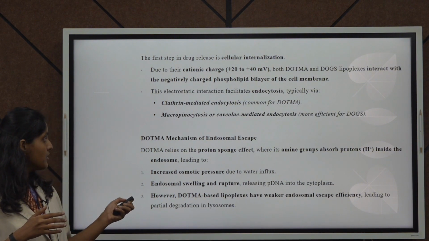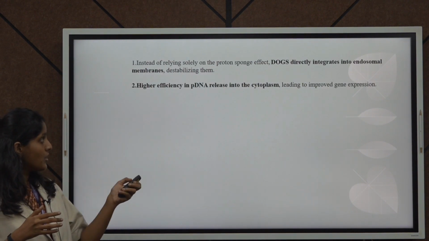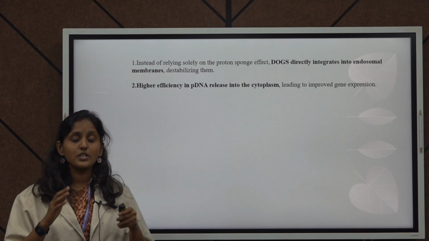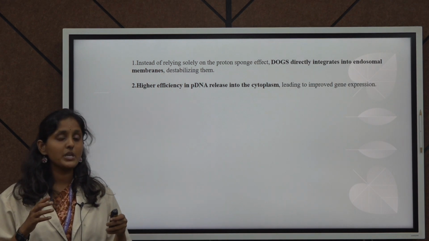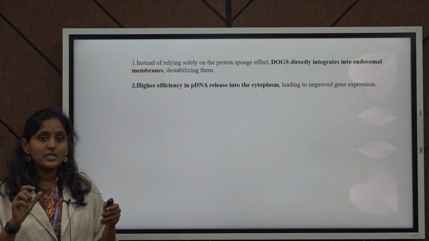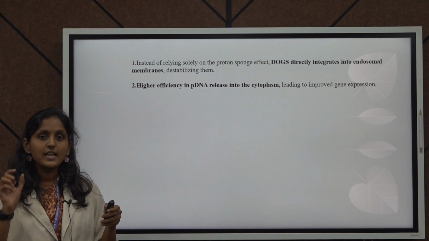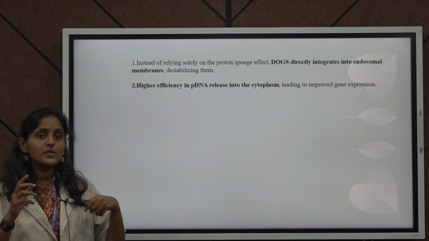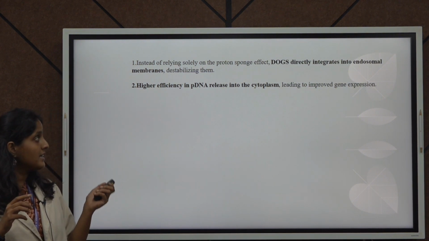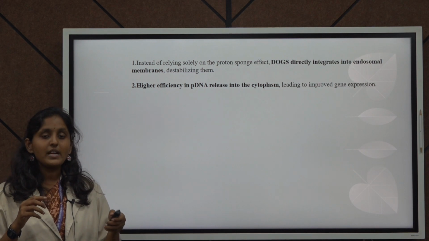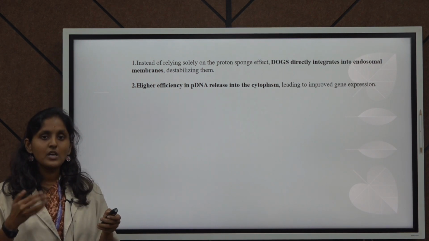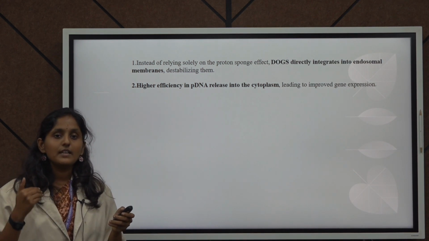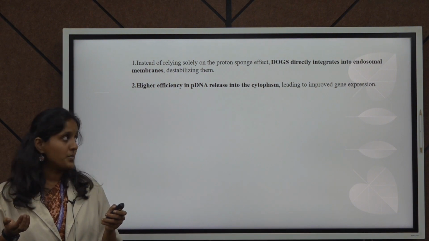DOGS does not need any proton sponge mechanism, because as the name suggests, DOGS, S stands for spermine. The spermine group is going to directly integrate into the endosomal membrane, and it will break the endosomal membrane. So it facilitates easy delivery of plasmid DNA into the cytoplasm.